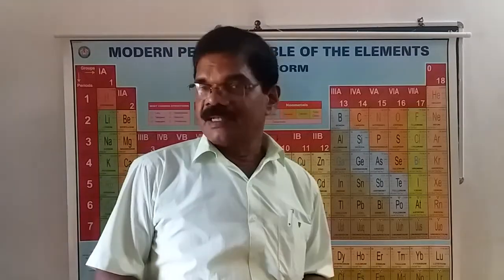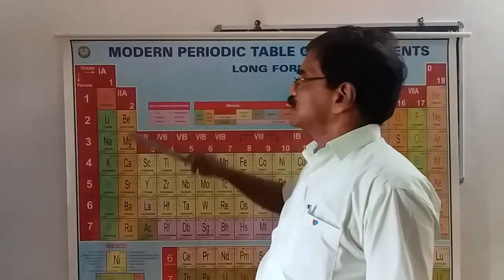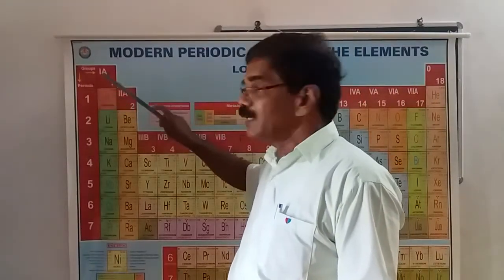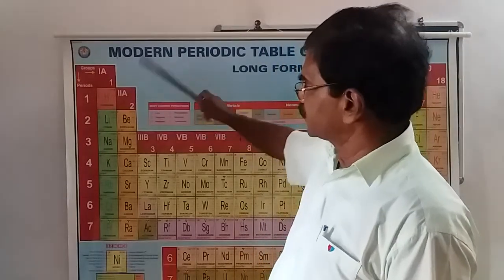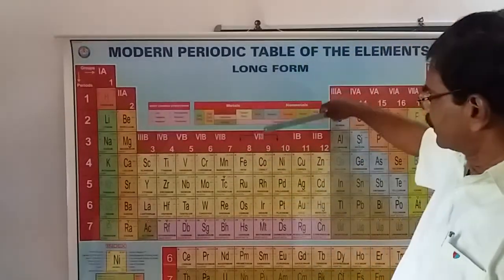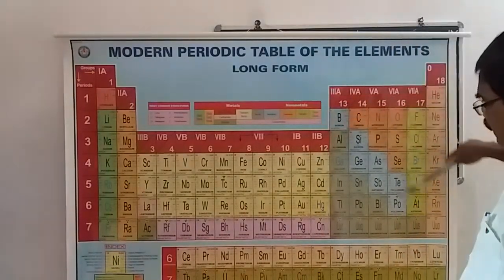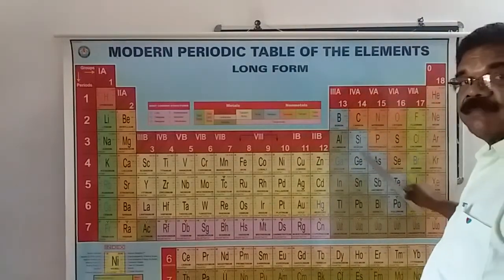In this episode, we are going to study how these properties vary among periods and groups. We can first look at the first group. There is a clear-cut difference between metals and non-metals up to this point. These are the metalloids.